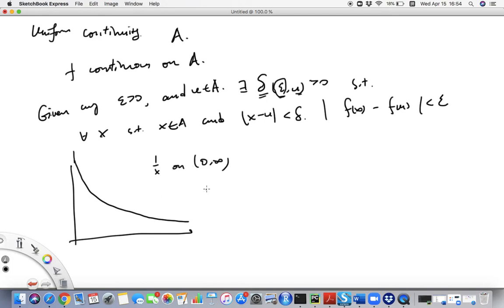So even though this is continuous, the behavior of this function is not really that good. That's because this delta depends on u. If your u is very close to 0, say this is u, just change your u a little bit. So there is u plus delta, and this is u minus delta.